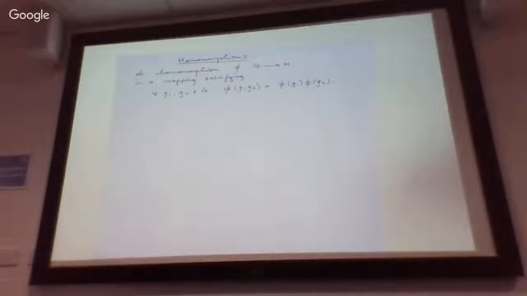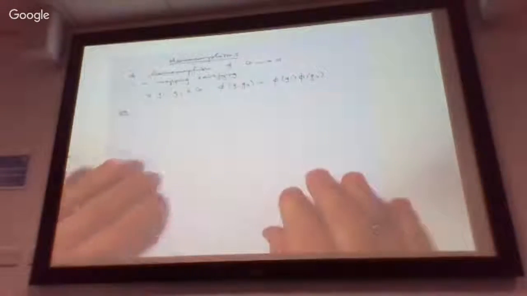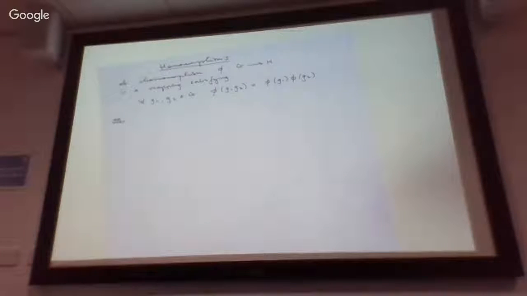So that's the basic definition. We should look at some examples. And we can take this view: homomorphisms are mappings between groups that respect the group structure.